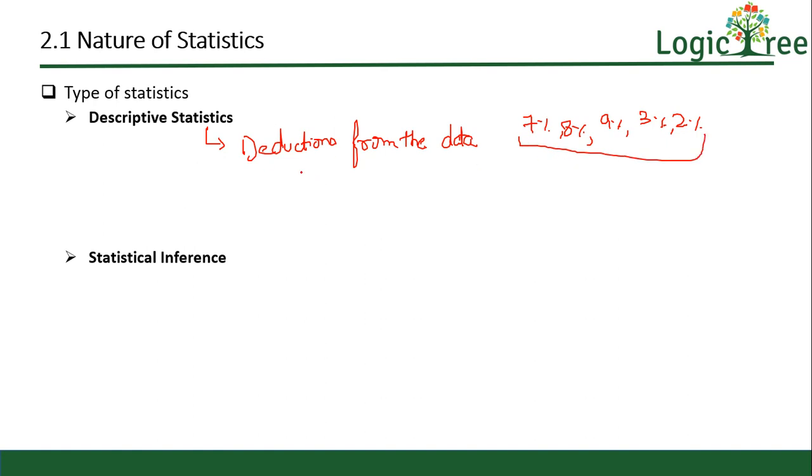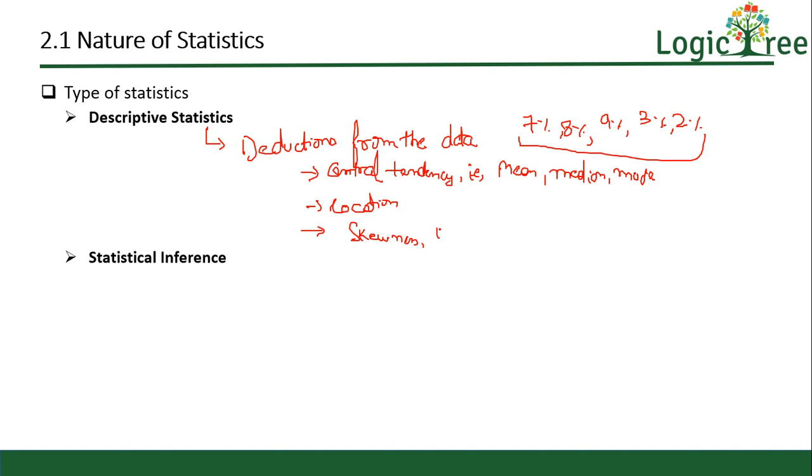So this includes the measures of central tendency, that is mean, median, mode. Then we have measures of location. Then we have skewness and kurtosis.